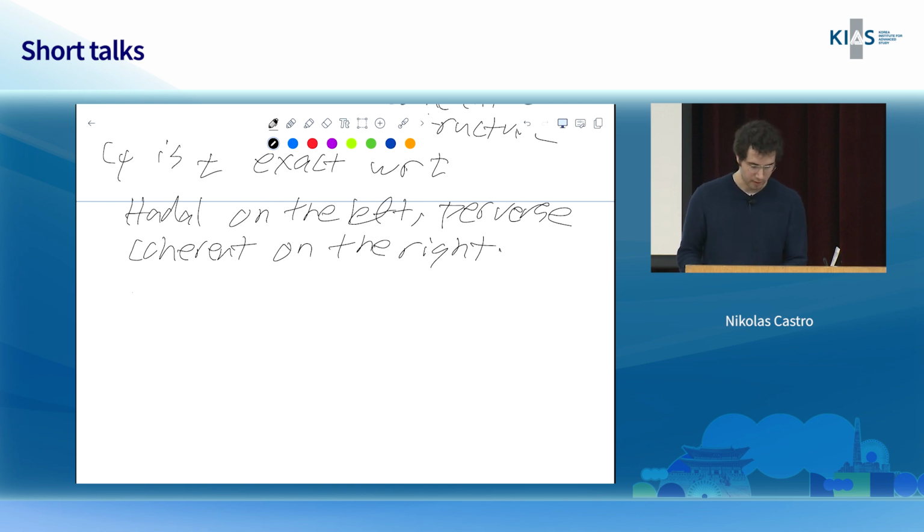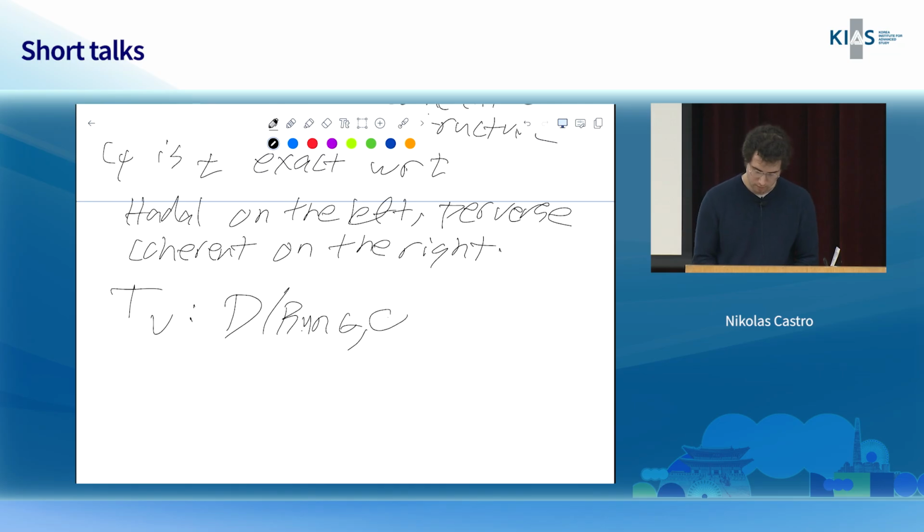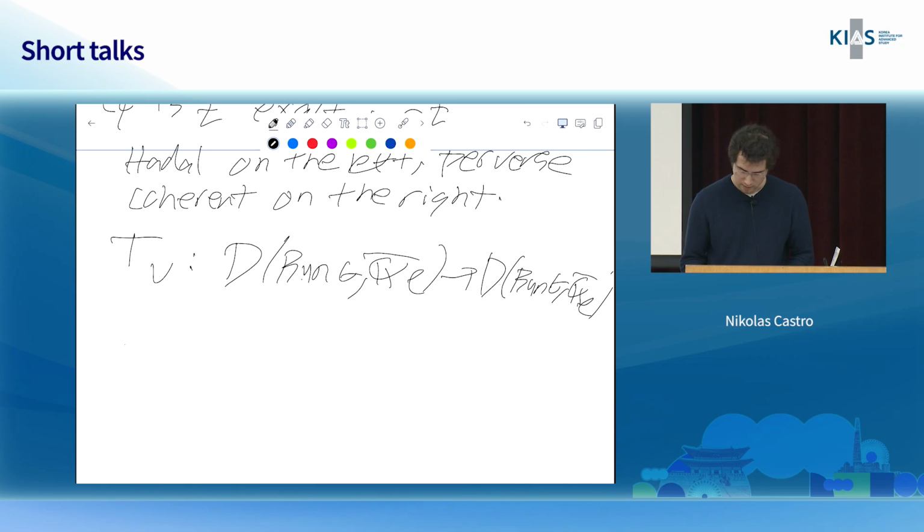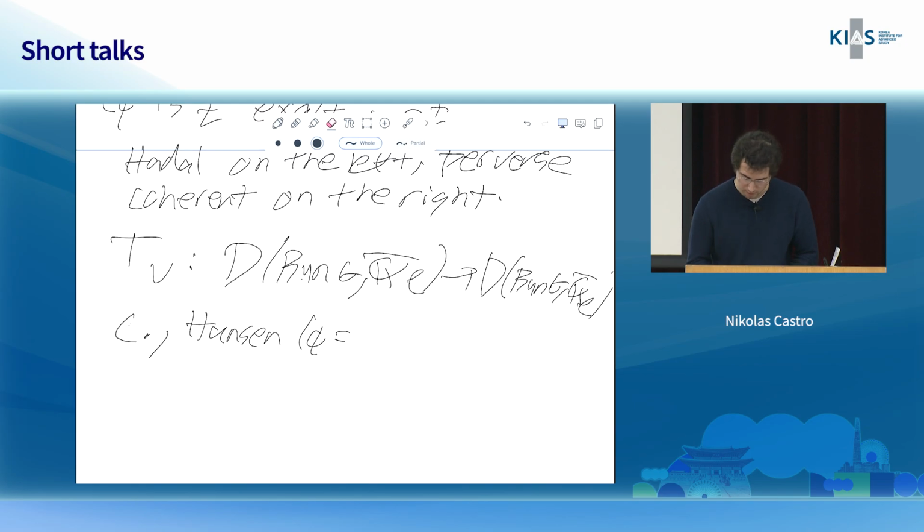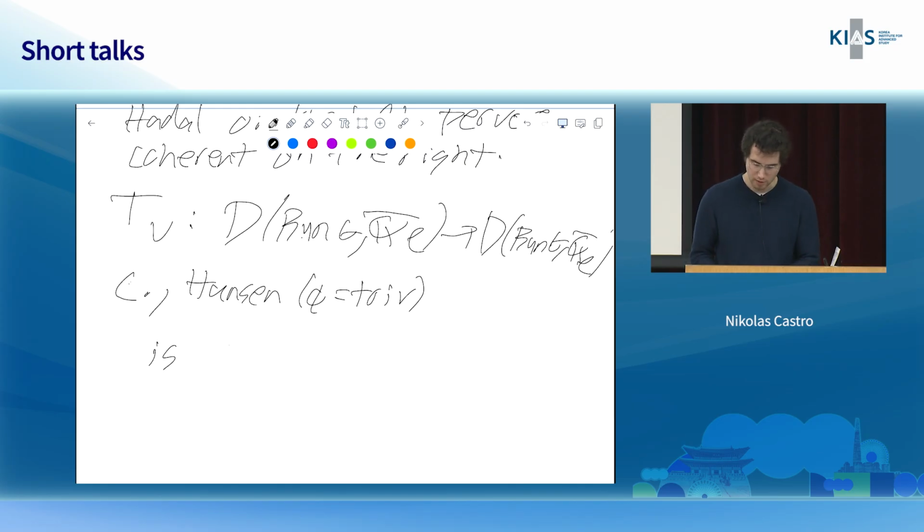And then another application I'll mention is if we look at the Hecke operators, we can actually show, sort of also building off of some work of Hansen, when phi is the trivial parameter, we can show that T_V is perverse t-exact.